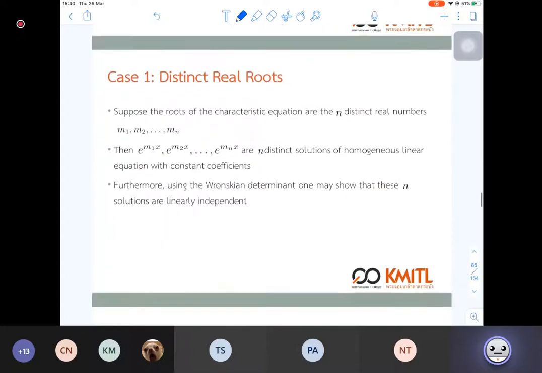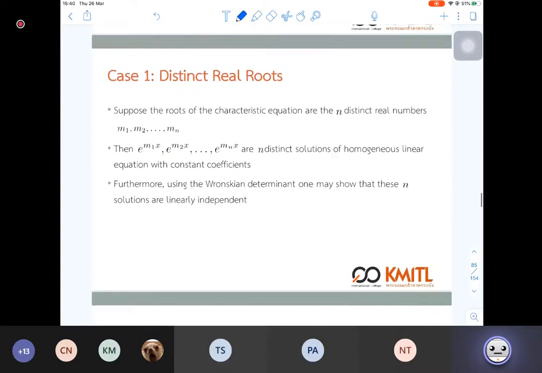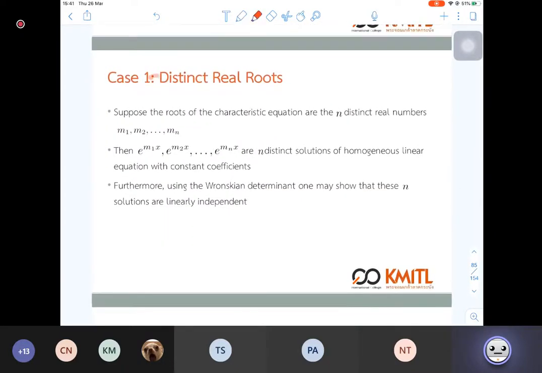Okay, let's start from the first case, distinct real roots. Now, suppose the roots of the characteristic equation are n distinct roots. You have n roots for m to the power of n.